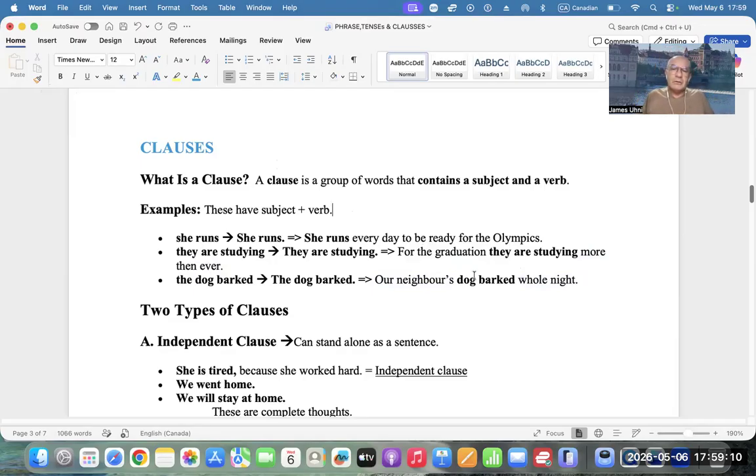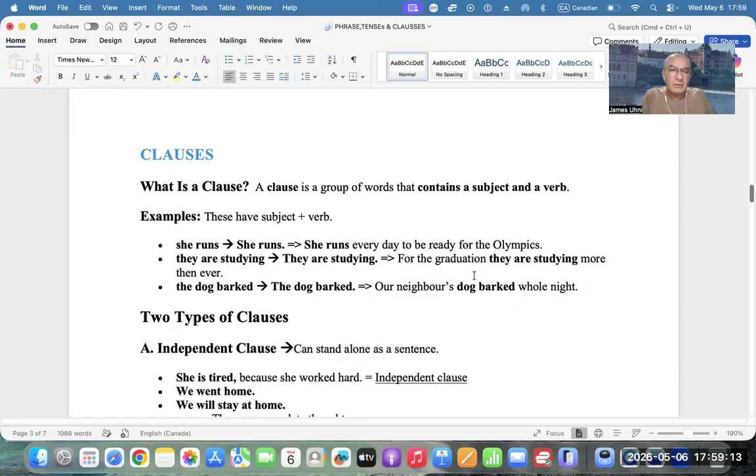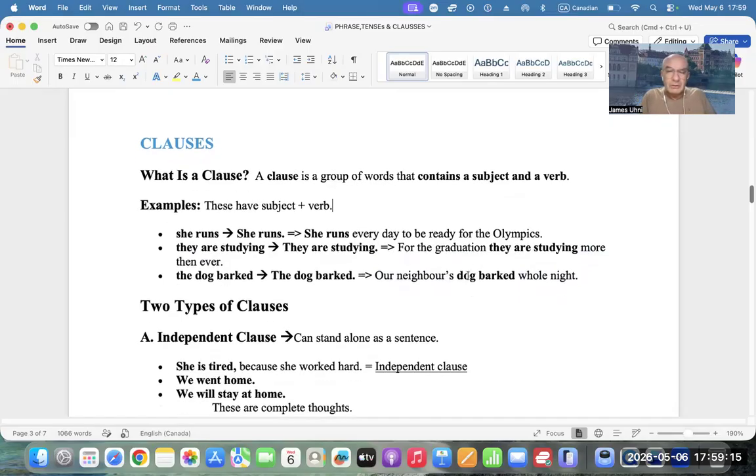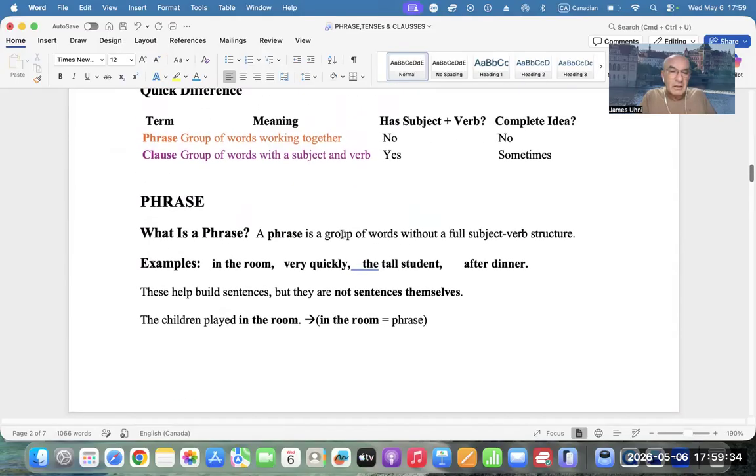Why is it not a phrase? Because it has a subject and a verb. It has subject, helping verb, and verb. A phrase doesn't have that.